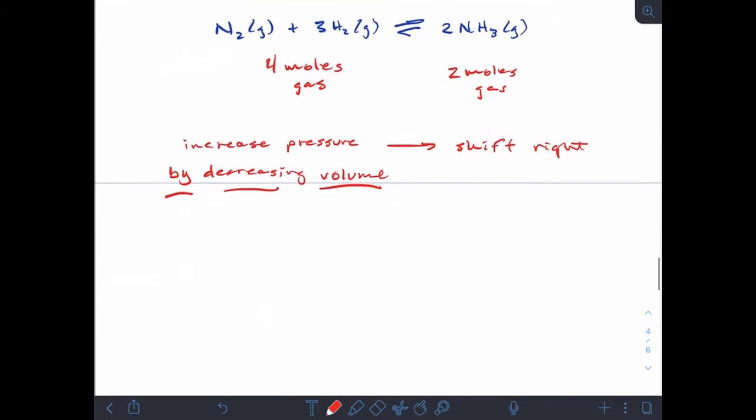So changing pressure by decreasing volume, we will shift our reaction towards fewer moles of gas, fewer gas moles. But adding an inert gas has no effect on equilibrium.